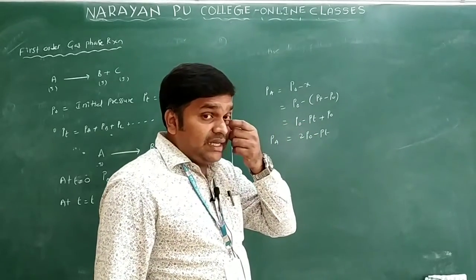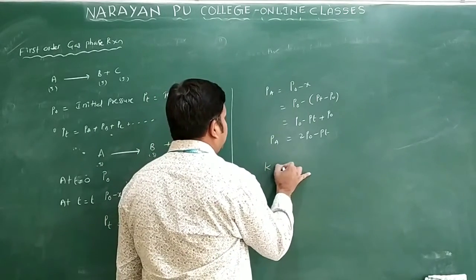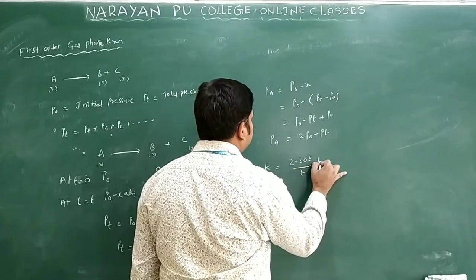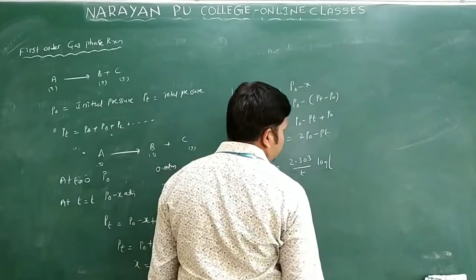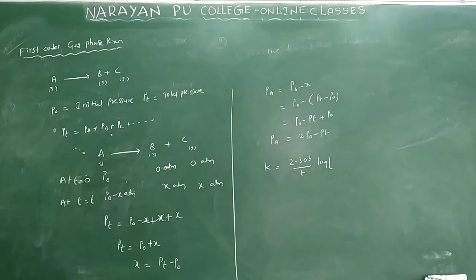From this, we will write the expression for the first order reaction. Generally for a first order reaction, K is equal to 2.303 by t into log of initial concentration by final concentration. But here we can take the pressure.